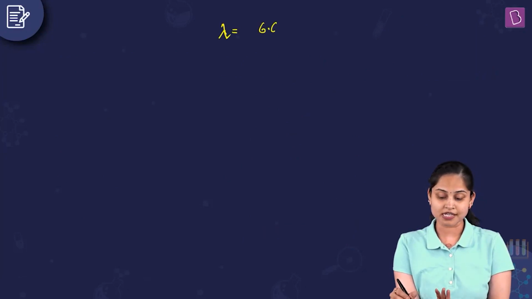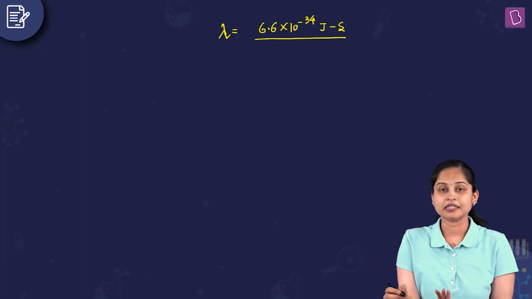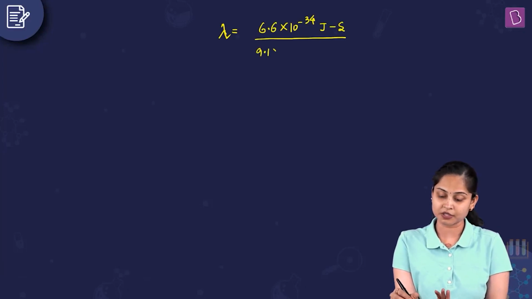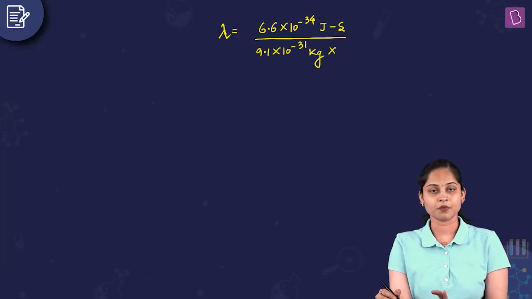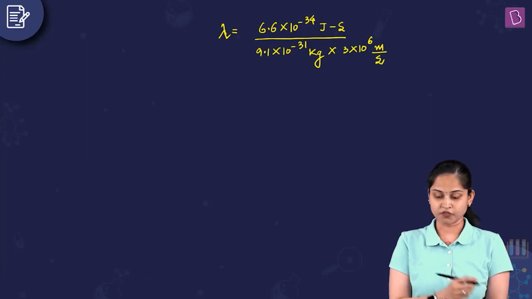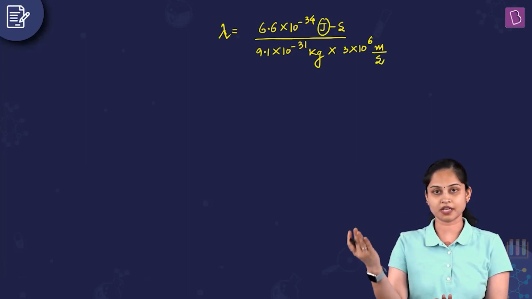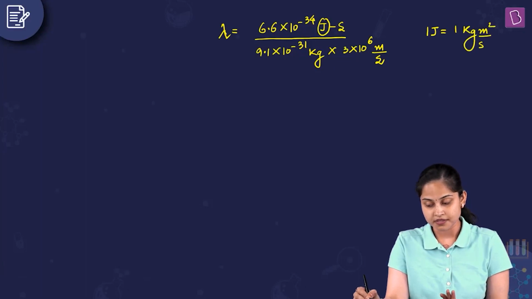So basically, lambda is equal to 6.6 into 10 raised to power minus 34 joules second divided by the mass of the electron, 9.1 into 10 raised to power minus 31 kg, multiplied by V, the velocity with which the electron is traveling, which is 3 into 10 raised to power 6 meters per second. First of all, we'll convert joules into kg meter square per second, because 1 joule is equal to 1 kg meter square per second square.